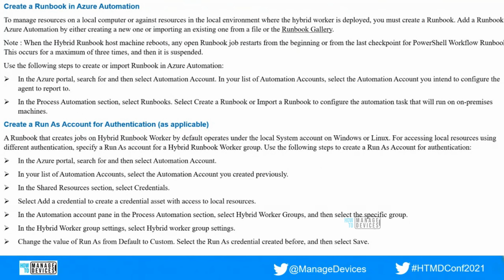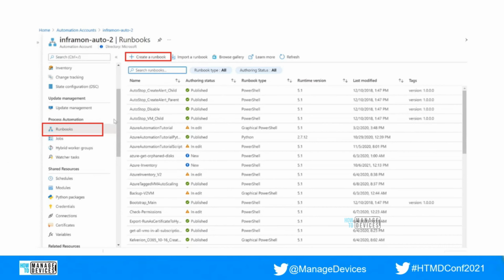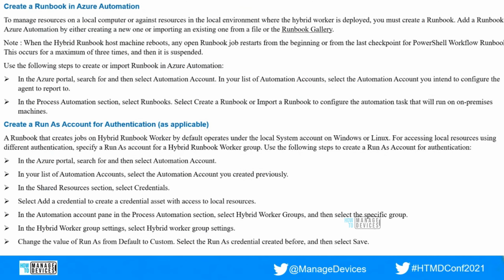And now create a runbook in Azure Automation. This is a simple process. When you go to runbooks, you specifically want to run these runbooks from the local resource or your local computer.